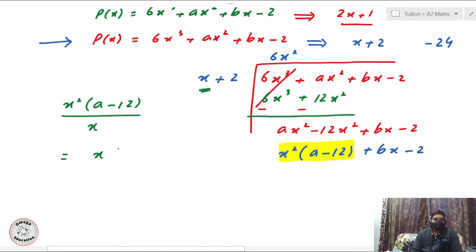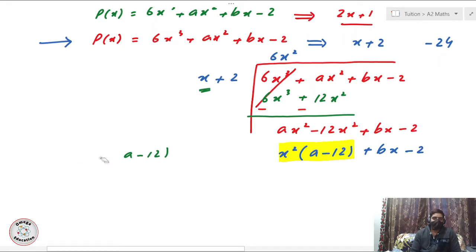After applying the laws of indices, you get x into a minus 12. Let's keep it in mind, x into a minus 12. So we write it over here, a minus 12 into x.